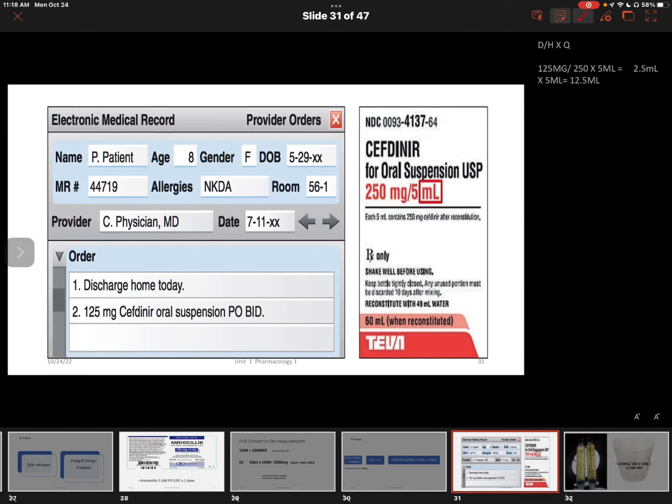So, if you had to give instructions to the family going home, how many milliliters or teaspoons or tablespoons would the patient need to take every day? Or with each dose?